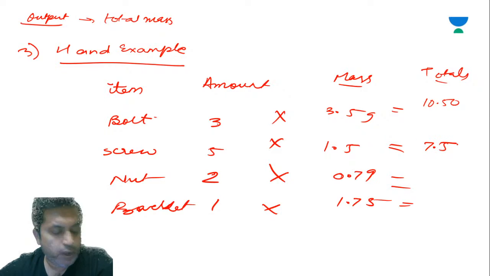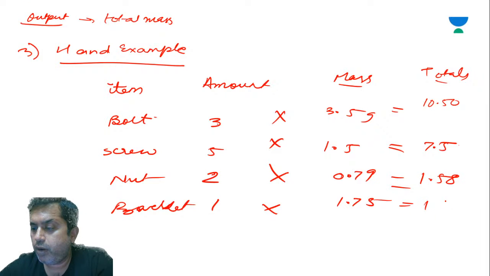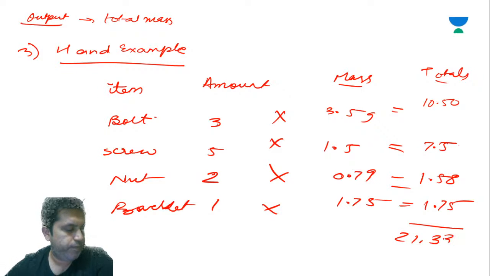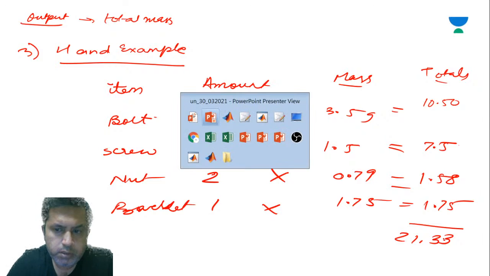Say 1.5 gram, 1.58 gram, 1.75 gram. Okay, so total is equal to 21.33 gram. Let us do hands-on for this.